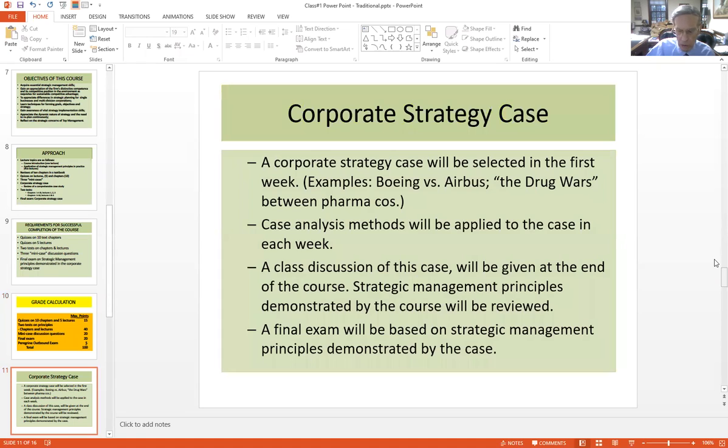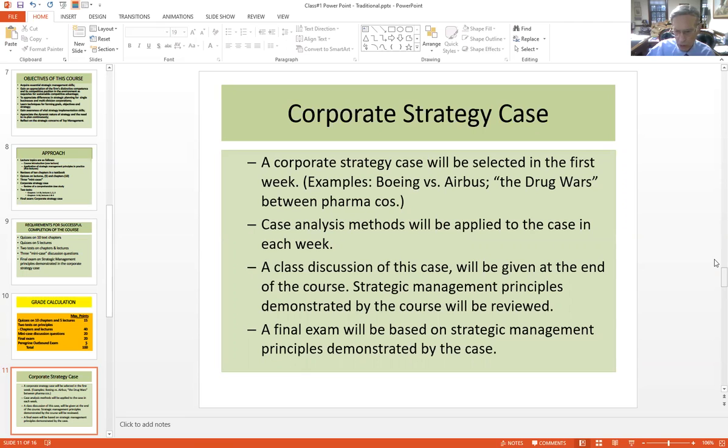Okay, so the corporate strategy case. There are lots of possibilities. Over the years, I've used the drug wars, the competition between Pfizer, Merck, AstraZeneca, Eli Lilly, and so forth. There are so many drug companies. It's a great case.